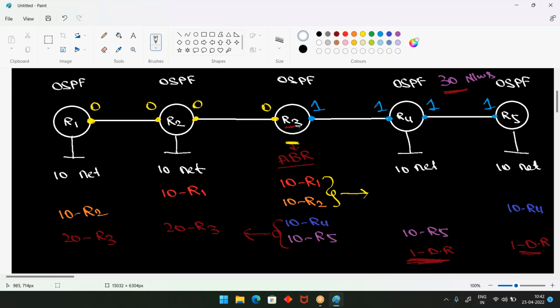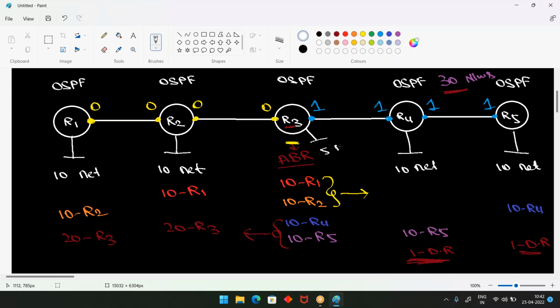Whatever the area ID you define here, in that area only R3 will share the networks information. Suppose in this R3 there are 5 networks.